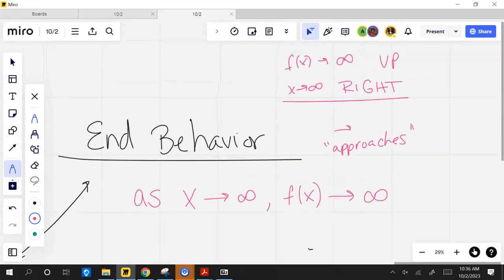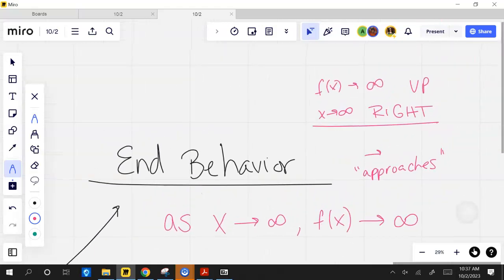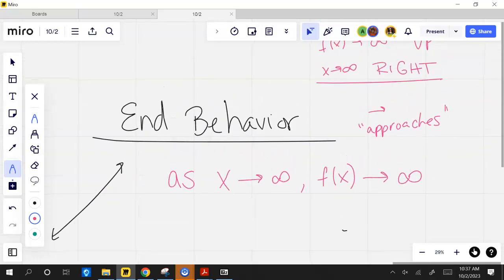Now, you told me there are two ends, yes? So how about the other end? As x approaches negative infinity, which tells me to look to the left.